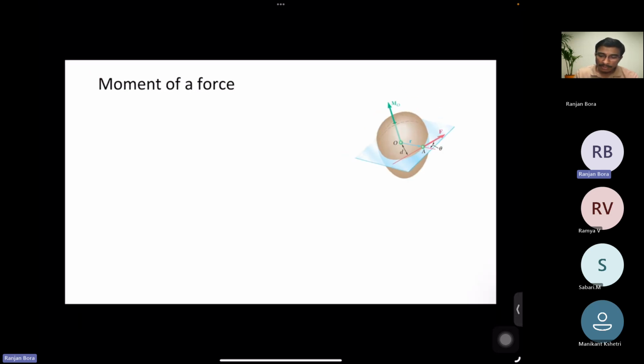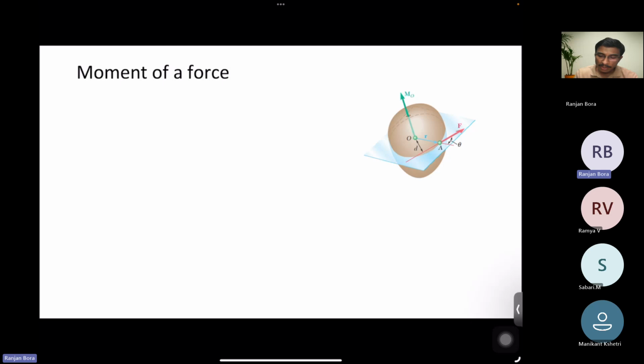Like in this example, there is a body, and O is the center of gravity of the body. Now, a force F is acting at point A at a distance r from the CG of the body.